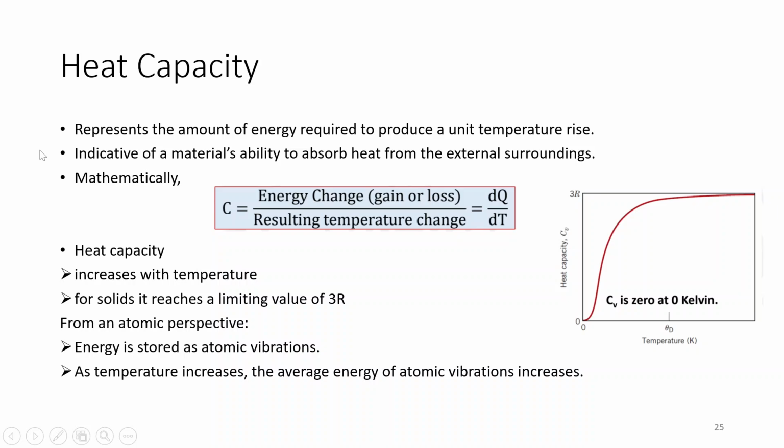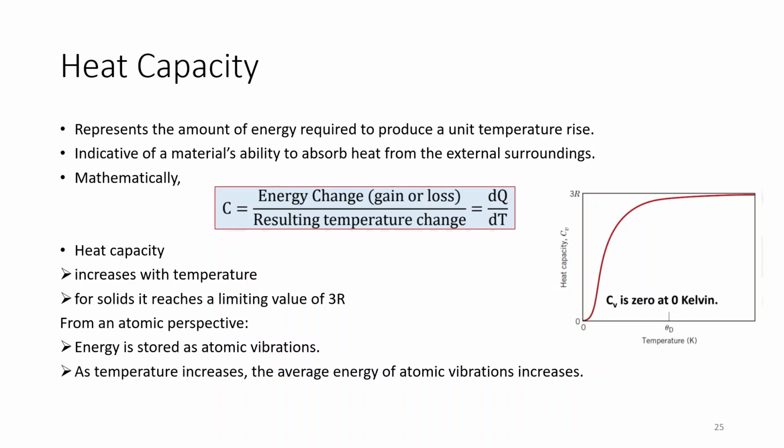Heat capacity represents the amount of energy that is required to produce a unit temperature rise, and it is indicative of a material's ability to absorb heat from the external surroundings. Mathematically, it is the energy change, gain or loss dQ, divided by dT, the resulting temperature change.